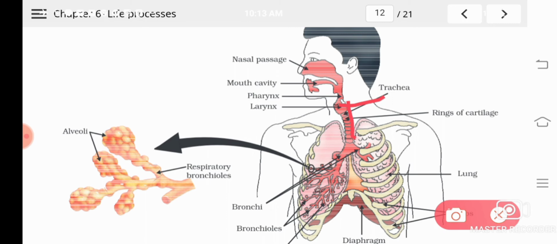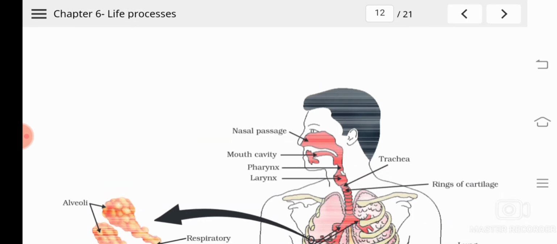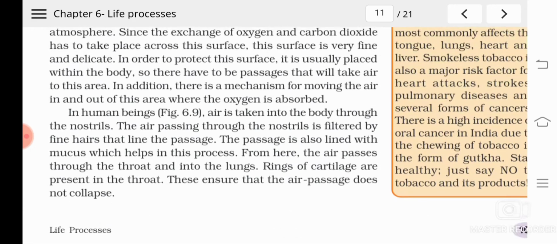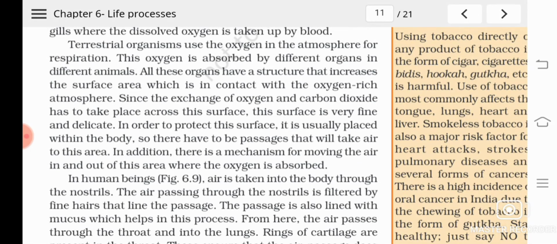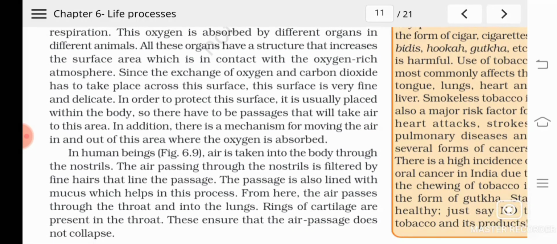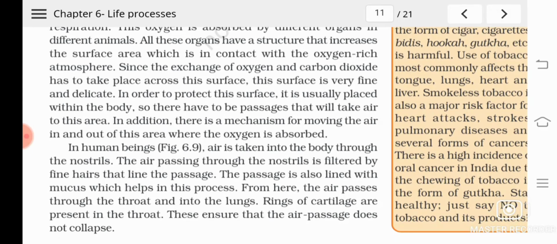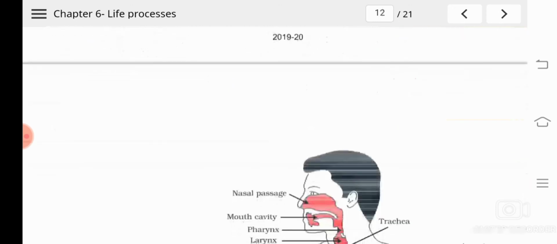Then the air goes through the trachea. The trachea is a tube. You can see that there are rings of cartilage in the trachea. This helps in preventing the collapse of the trachea even when there is no air. They should not collapse.